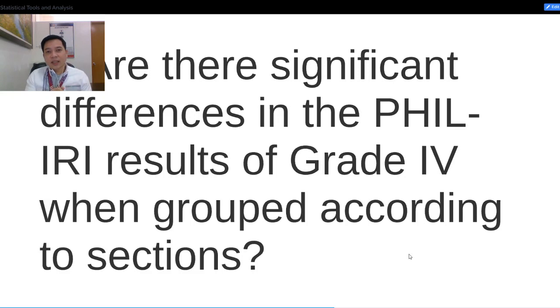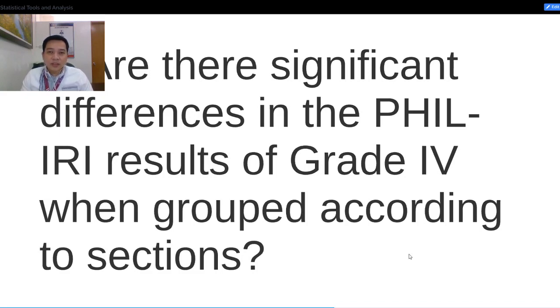For this case, let's assume we have 5 sections of grade 4. So when you say grouped according to section, you're grouping them according to the 5 sections. So let's go on with the analysis. Again, what type of test are we dealing with here? Is it a test of relation or a test of difference? It's a test of difference, as indicated in the first phrase, are there significant differences?